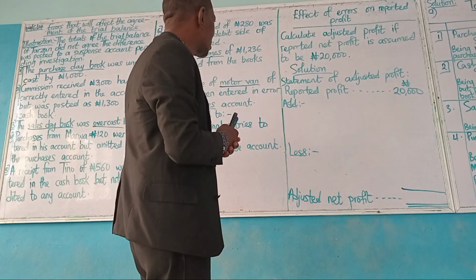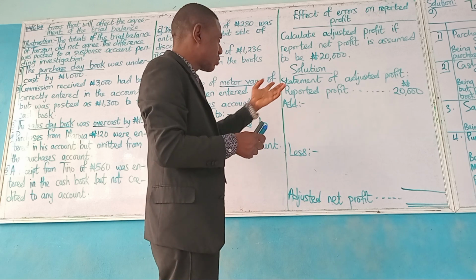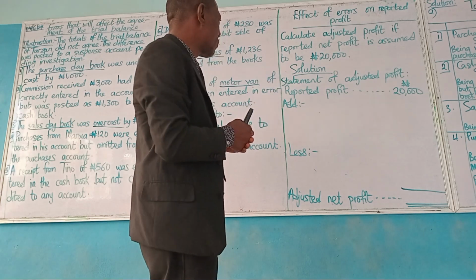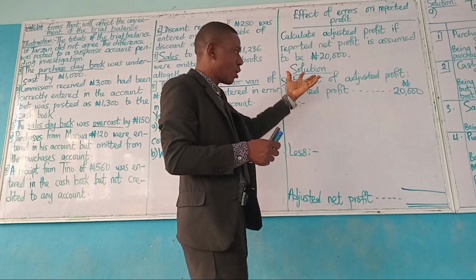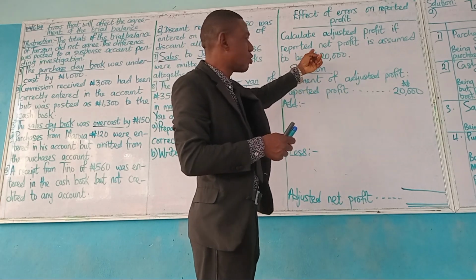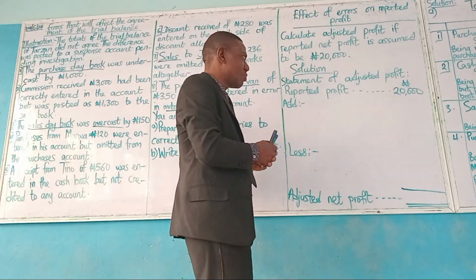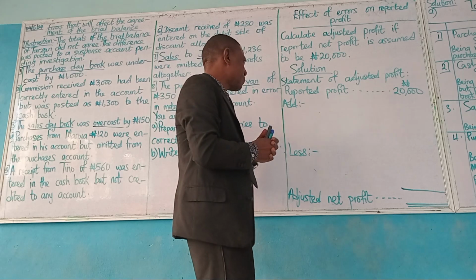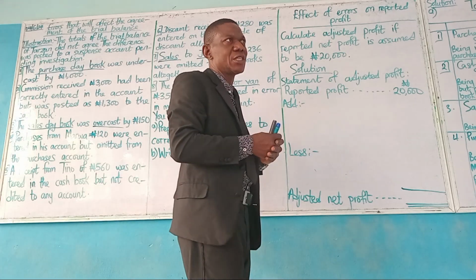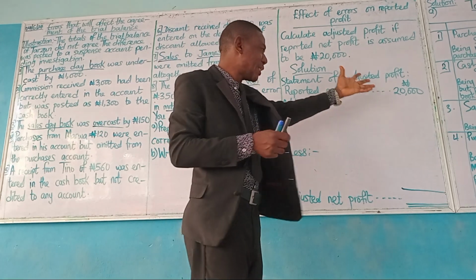There's no format for this, so it's called a statement of adjusted profits. You can see the solution: we have reported profits, which is the net profit, given the assumption of 20,000 during the year. Then there are some errors that we have to add back to the net profit.